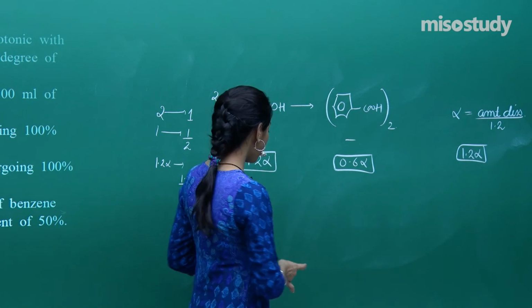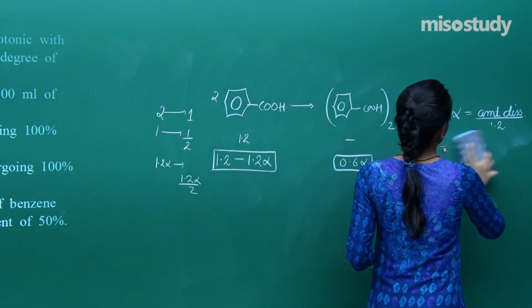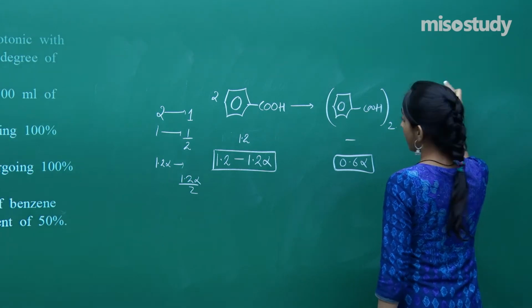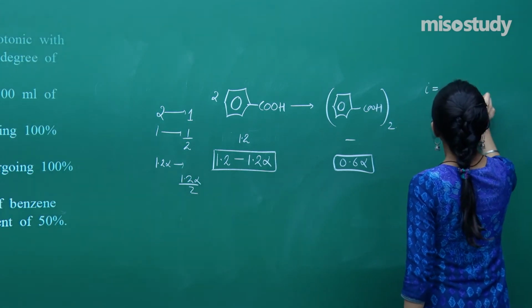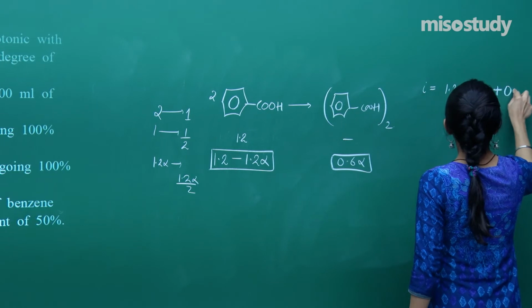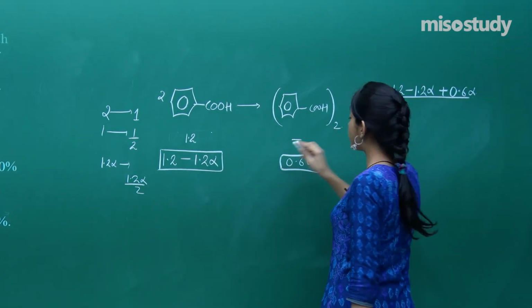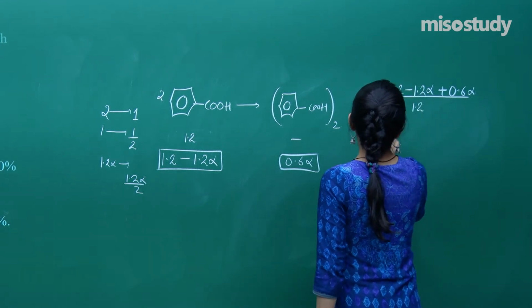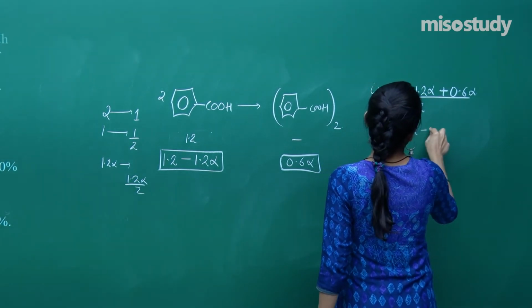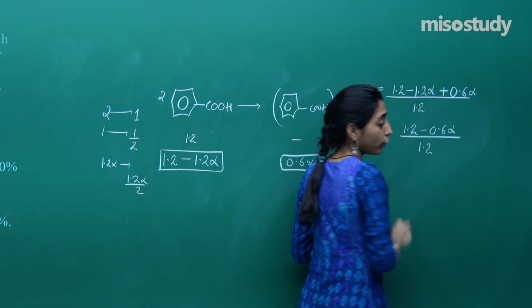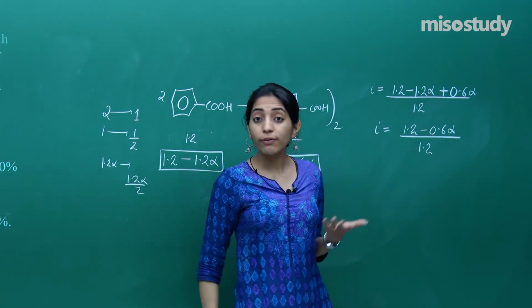Okay. Now what should be the value of i? The value of i should be 1.2 minus 1.2 alpha plus 0.6 alpha, divided by the initial, which is 1.2. So i will be 1.2 minus 0.6 alpha, divided by 1.2, and alpha is given to be 50%.